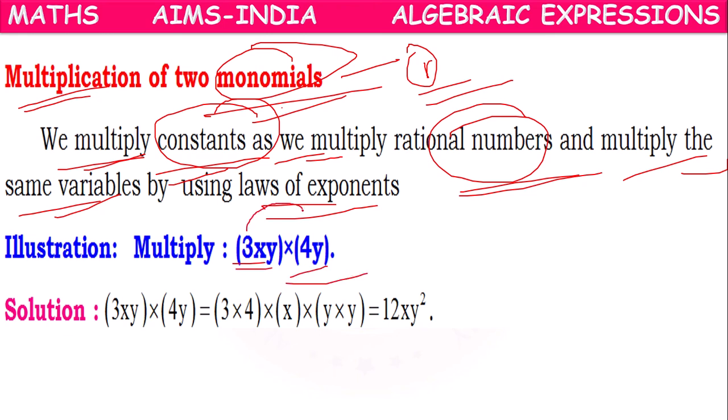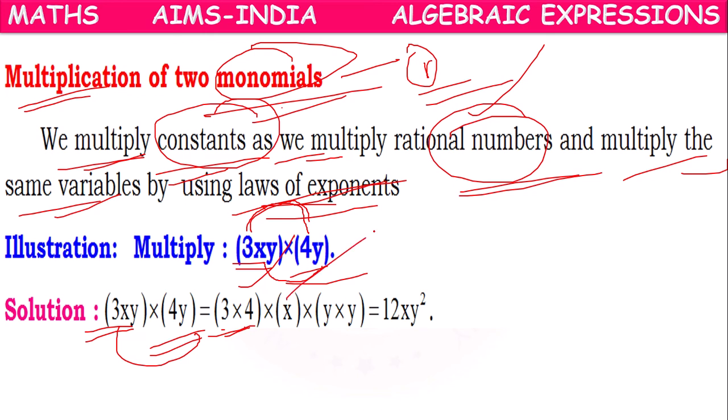We multiply constants 3 and 4 like normal rational numbers, and we multiply xy and y as per the laws of exponents. 3xy into 4y can be written with constants together, 3 into 4.